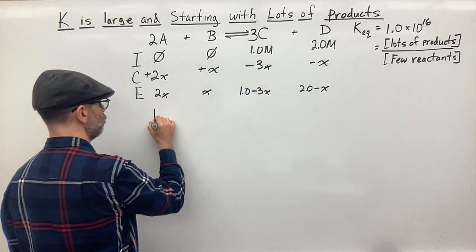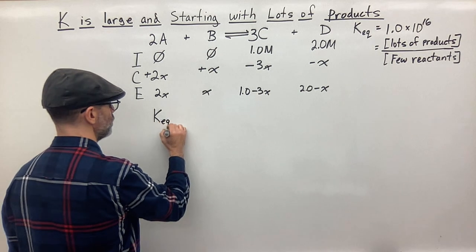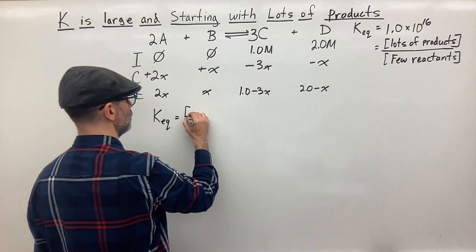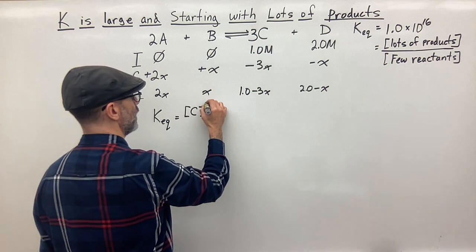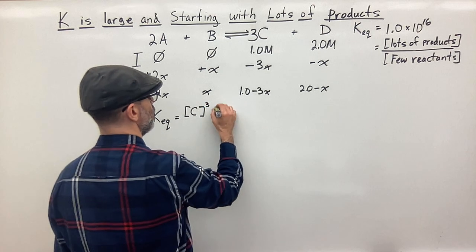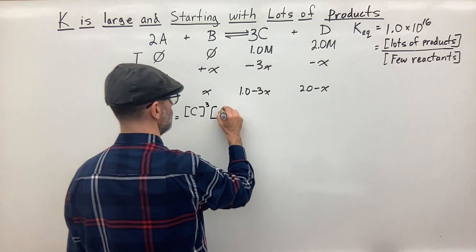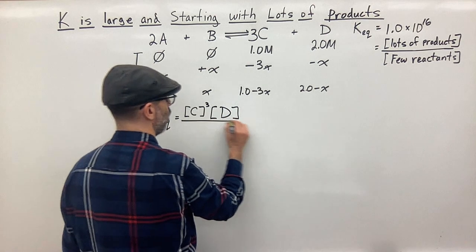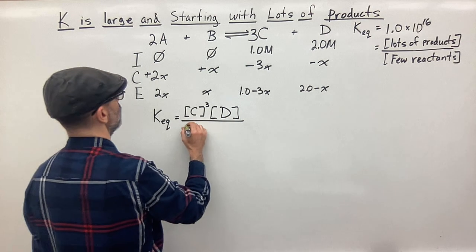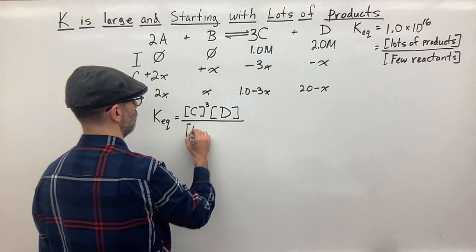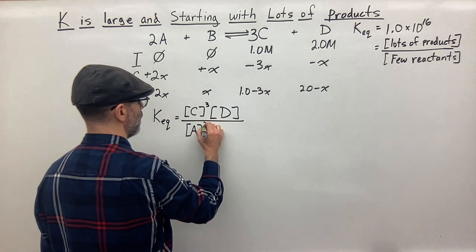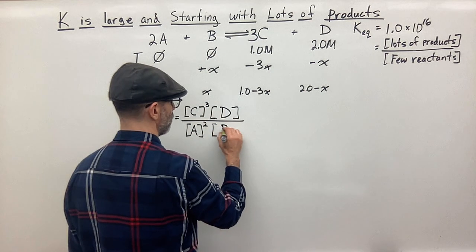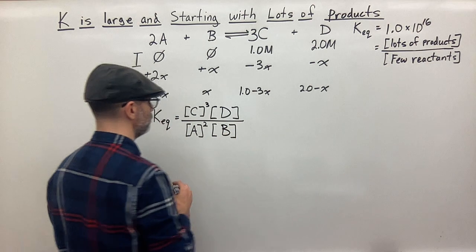So Keq for this equation is going to be equal to the concentration of C raised to the power of 3 multiplied by the concentration of D raised to the power of 1. And that's all going to be over the concentration of A raised to the power of 2 multiplied by the concentration of B raised to the power of 1.